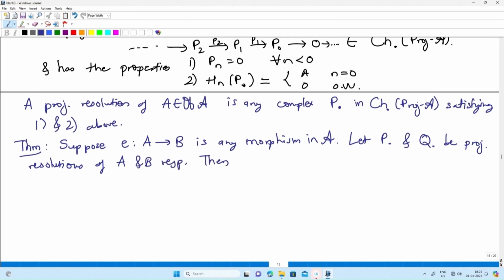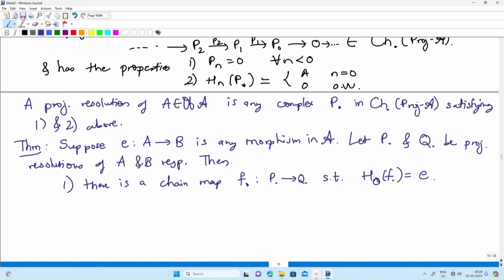Then, first, we can actually lift: there is a chain map F dot from P dot to Q dot such that H0 of F dot is equal to E. So this particular morphism can be lifted to a morphism between chain complexes.